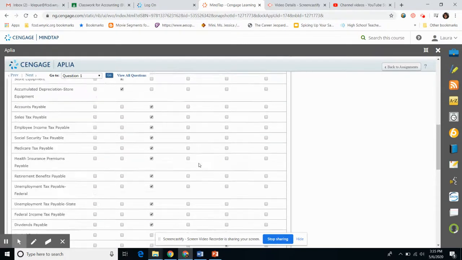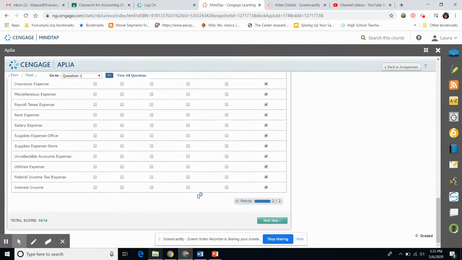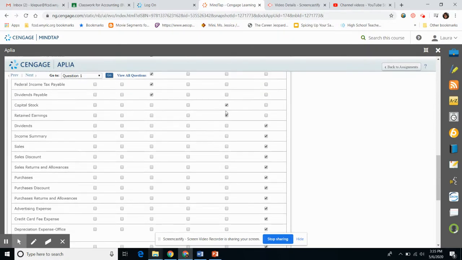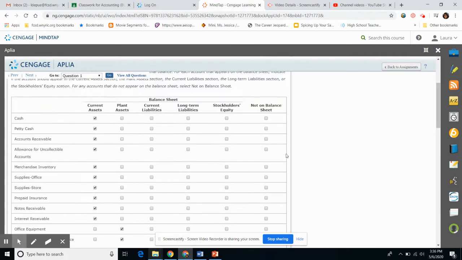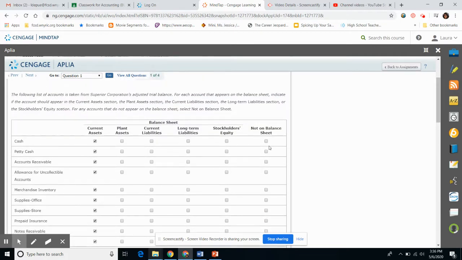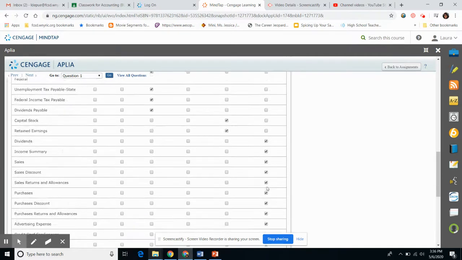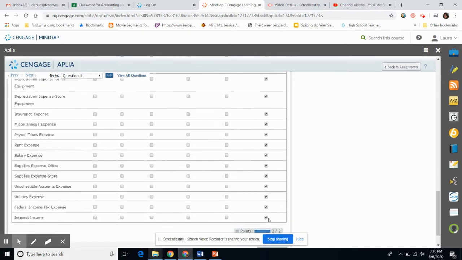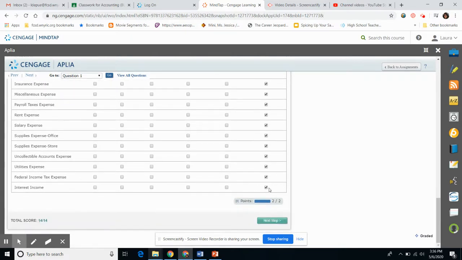Long-term liabilities, we have none. We're not dealing with any long-term liabilities. Stockholders' equity is the capital stock and the retained earnings. And anything that's not listed on the balance sheet would then be checked. So in this case, it's from dividends all the way down to interest income.